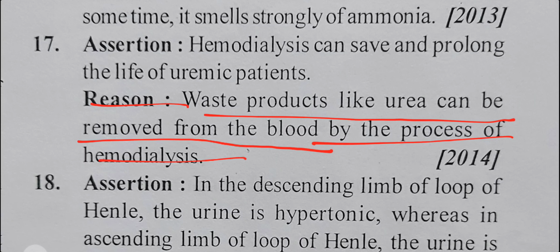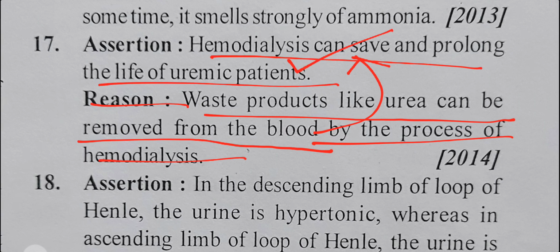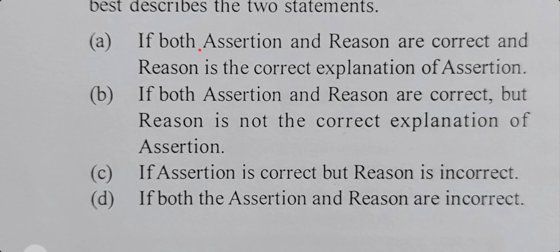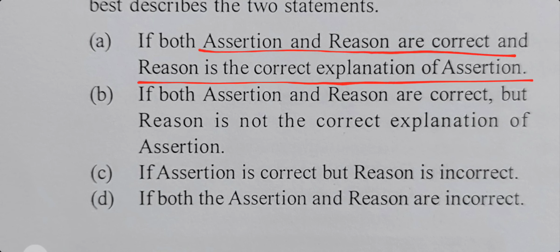So the reason is true, and the explanation of this reason to the given assertion is also true. So here assertion is true, reason is true, and the reason is the exact explanation of the assertion. For this we have to go for the first option, that is, both assertion and reason are correct, and reason is the correct explanation of assertion. Now we'll move to the next question.